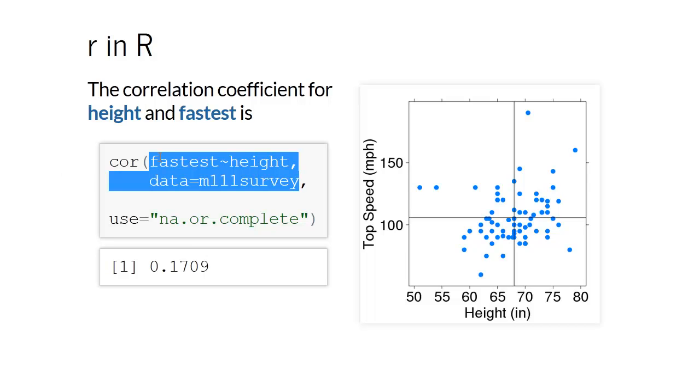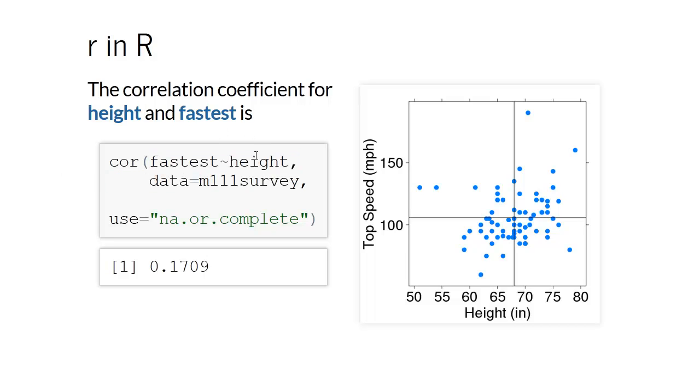So we do response variable tilde explanatory variable, data equals M111 survey. The third piece of information that must be supplied to the cor function is use equals "na.or.complete". This command is necessary to deal with missing values.